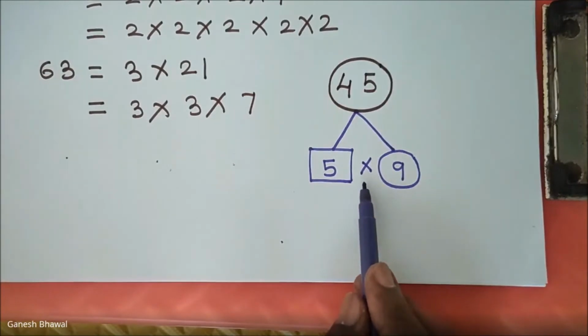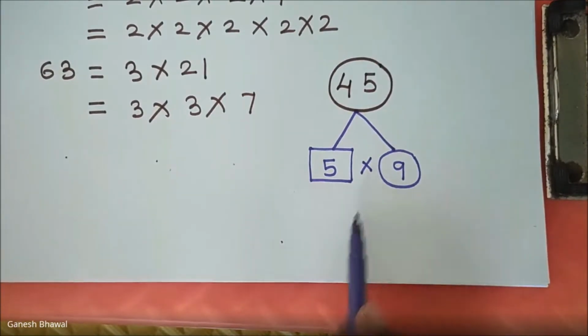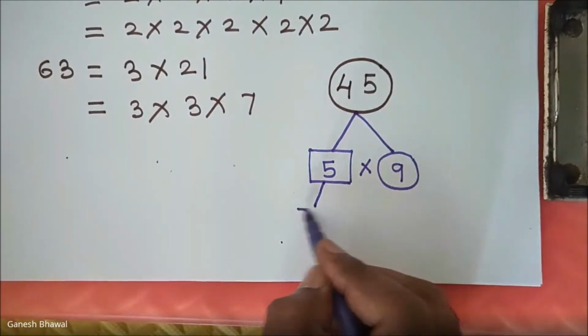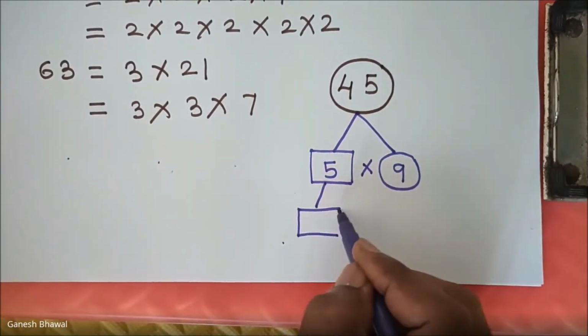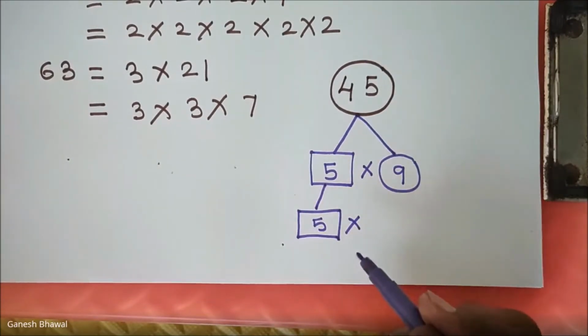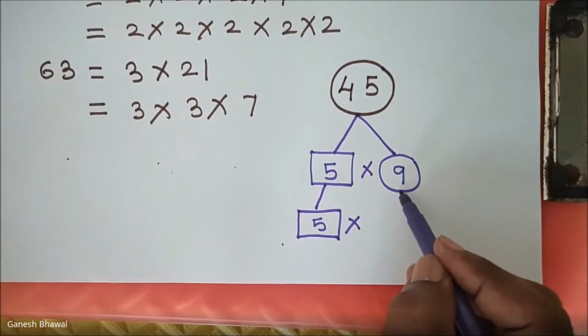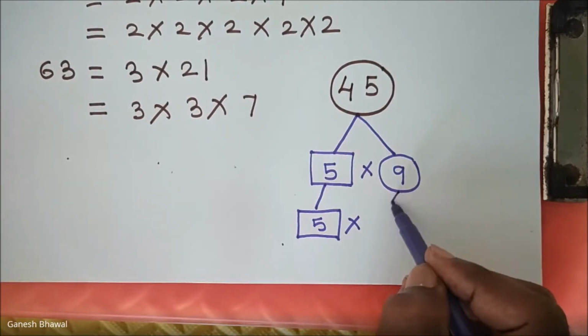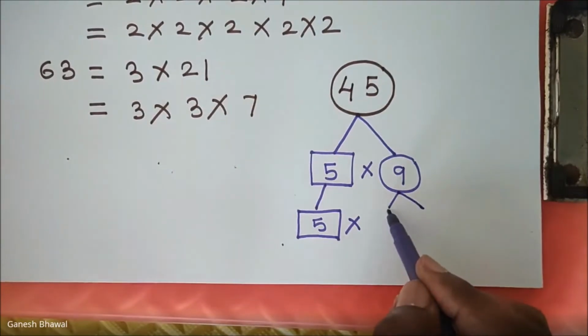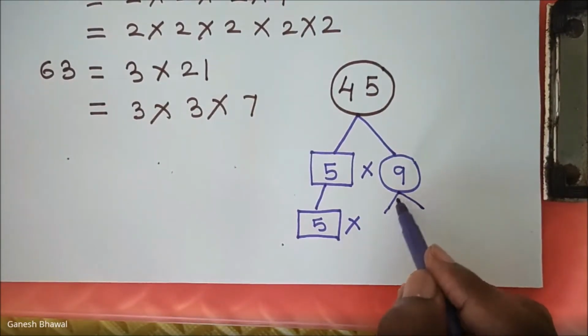Put the multiplication sign here. Now the box we have to take as it is. We will not do any change. We change only in the circle. Again 9, you have to draw these two lines.